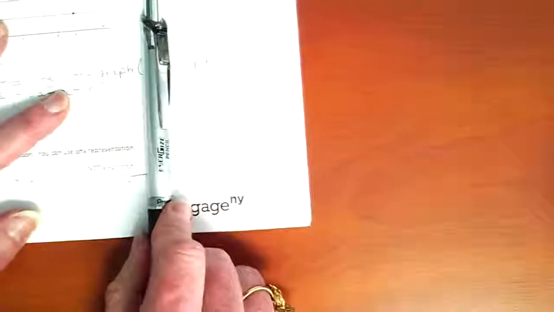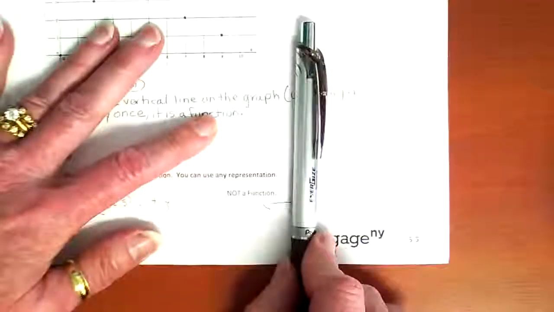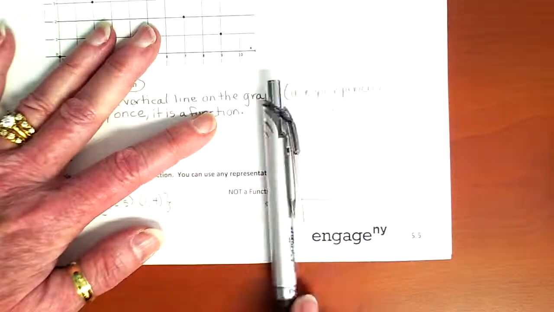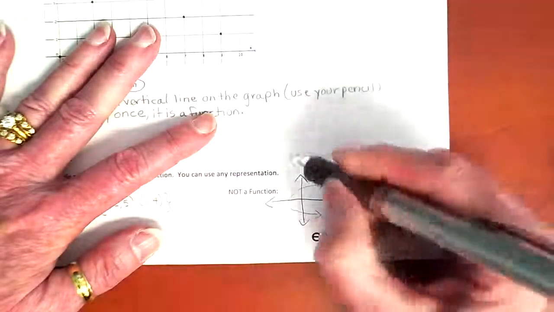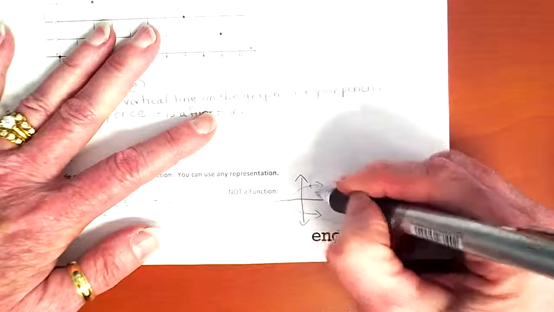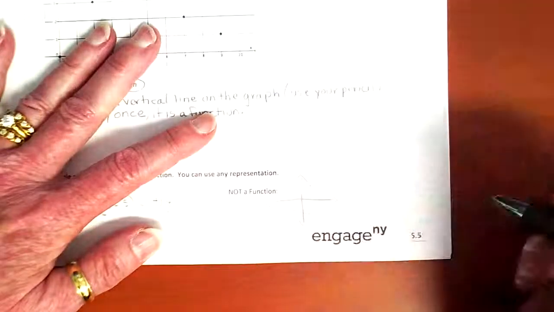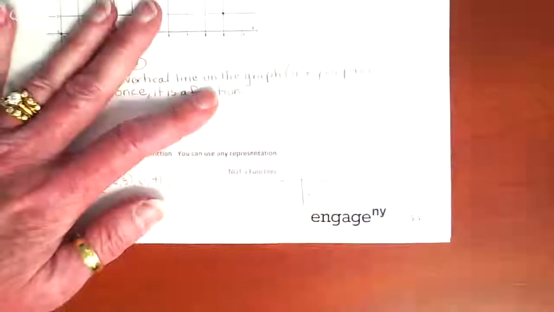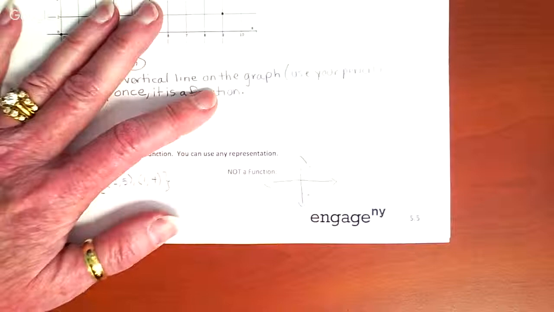Because if I were to put my pencil here and move it across, it's going to cross not only here, but here at the same time. And therefore, it would be not a function.